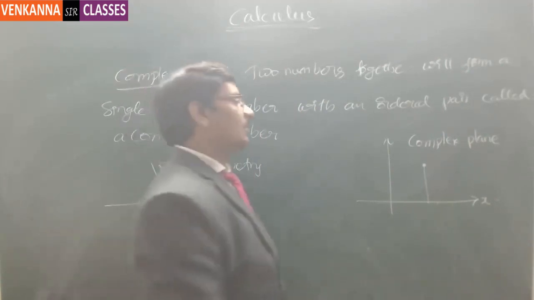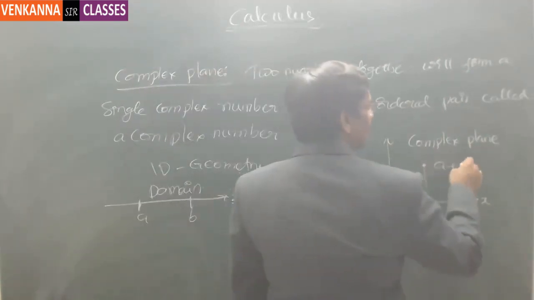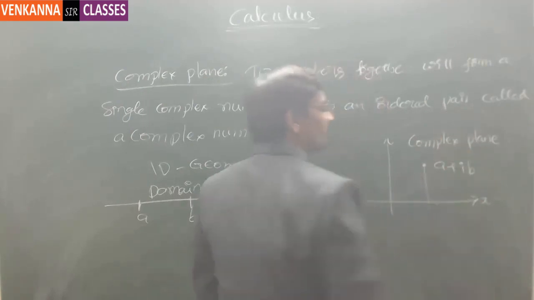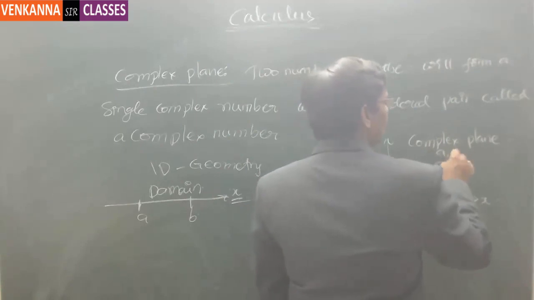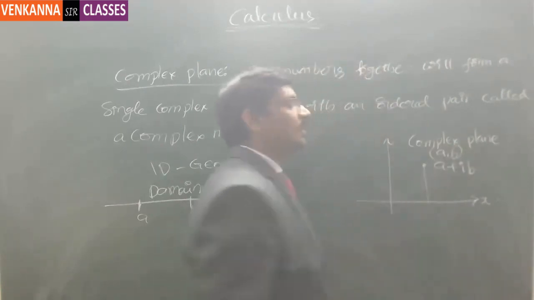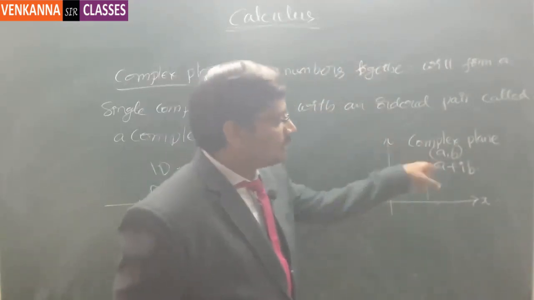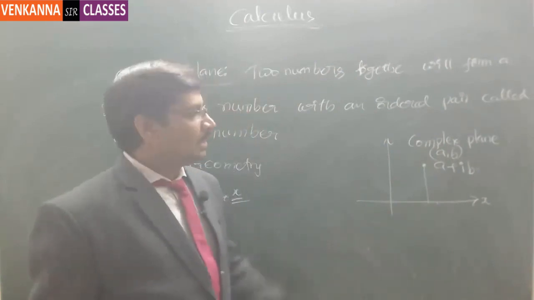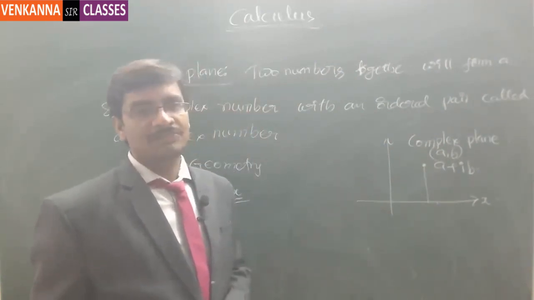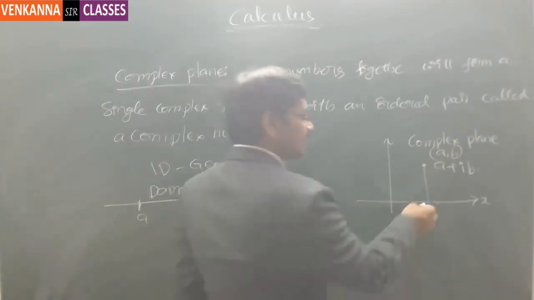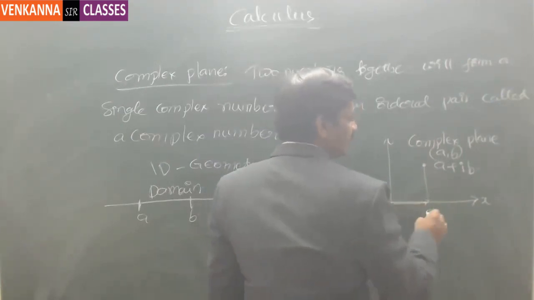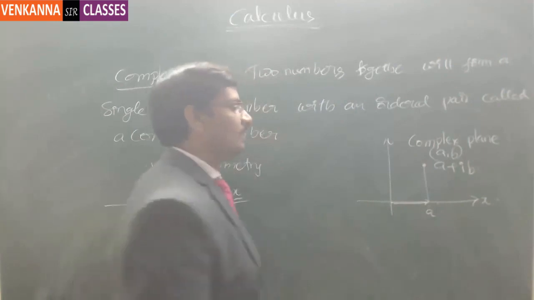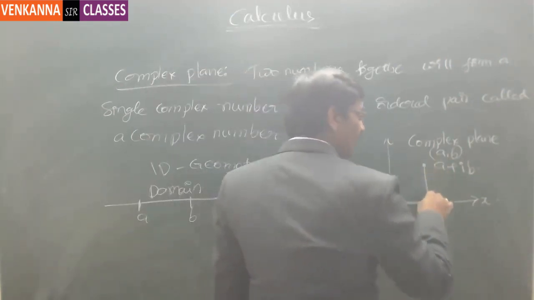The reason being, we will be using a letter called i in case of complex numbers. Here, this is an ordered pair. You can even represent this as (a, b), but it still conveys the meaning of a plus ib. Now, what is a and what is b in this? a is the distance you travel along the x-axis, and then you need to travel along y.